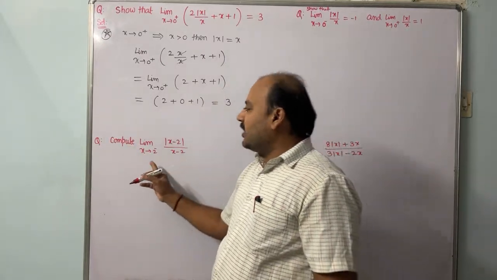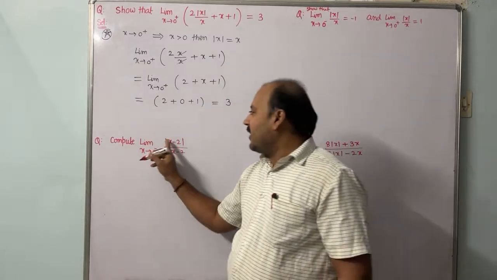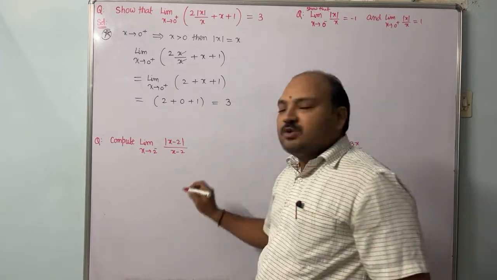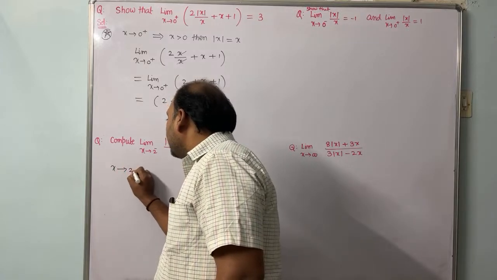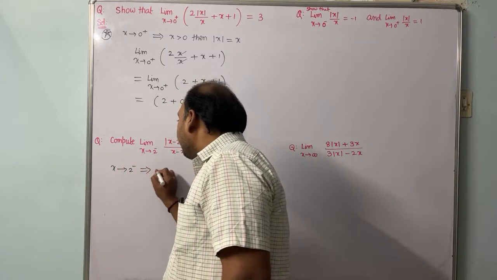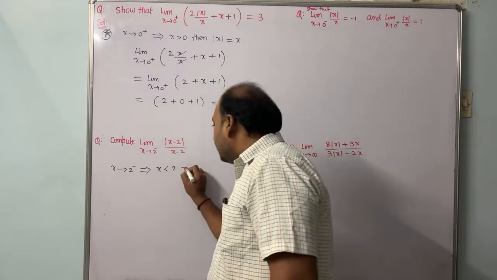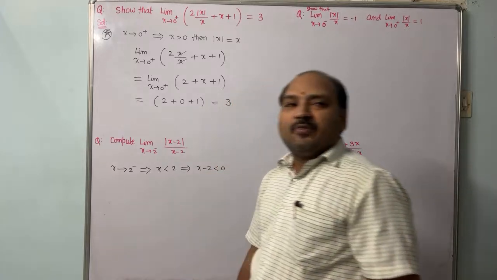Now come to the next question. Limit x tends to 2 minus of mod x minus 2 divided by x minus 2. First we have to know the meaning of x tends to 2 minus. X tends to 2 minus implies x is less than 2, which means x minus 2 is less than 0.